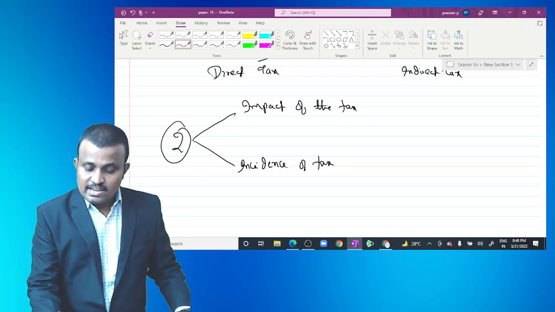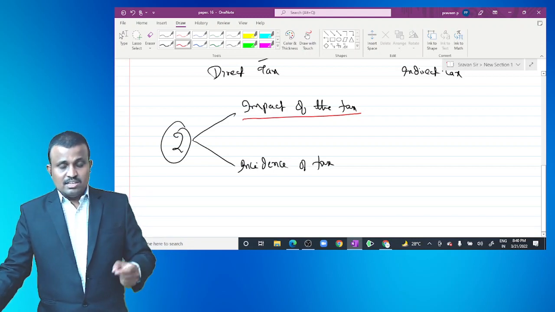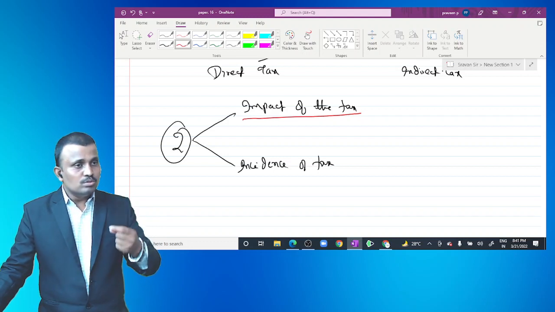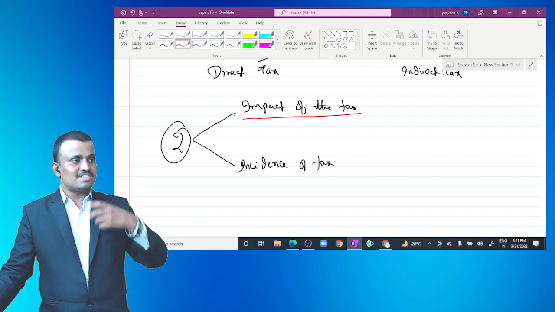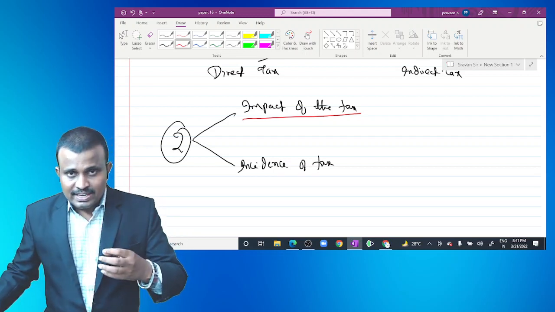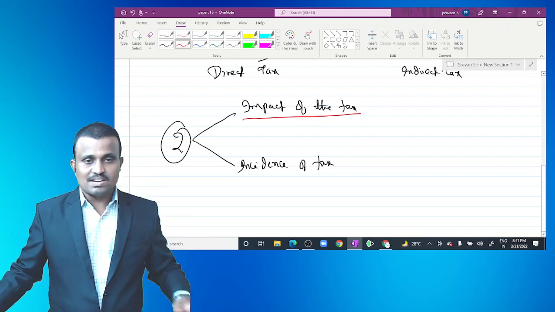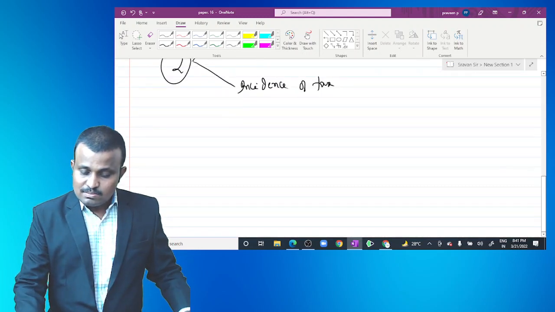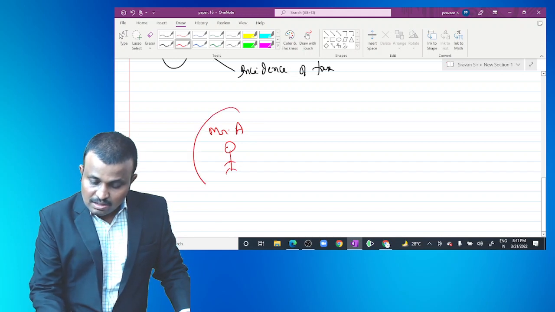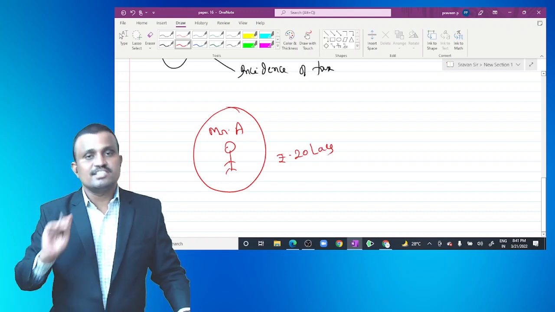So what is meant by impact of the tax? Impact of the tax is the effect of the tax on the person on whom the tax is imposed the first time. For example, Mr. A earned an income of around 20 lakhs during the year.